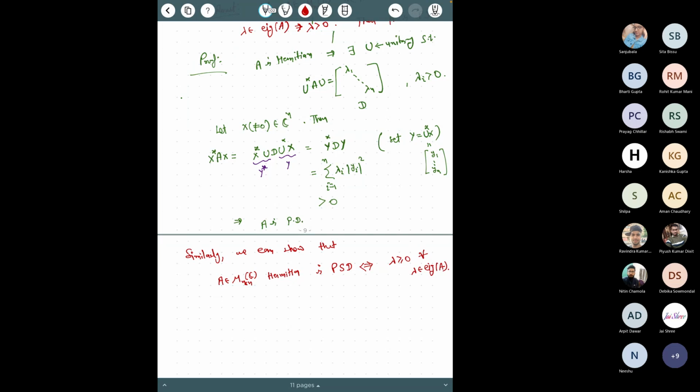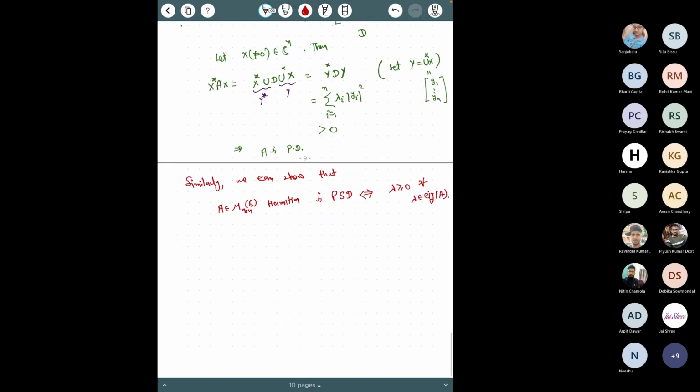Now I give you one exercise. I wanted to prove this, but we do not have much time, so I will give it as an exercise. You can find this in any textbook also, but I won't give any question related to this result in the exam.